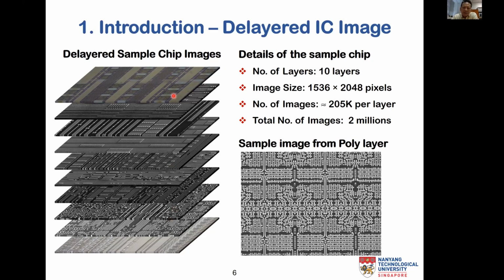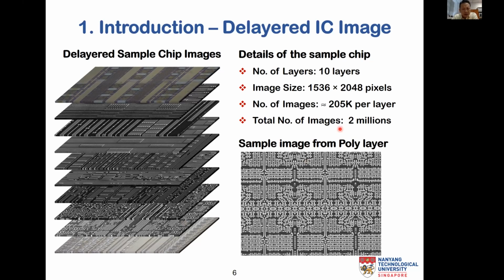The typical image size for the SEM machine to take is 1536 times 2048 pixels. This means that you take small images of this size. Then in a particular layer, how many images will there be? It will be around 200,000 images per layer. This means that if you have 10 layers, you will have around 2 million images.